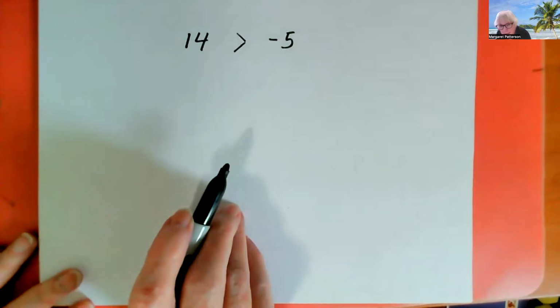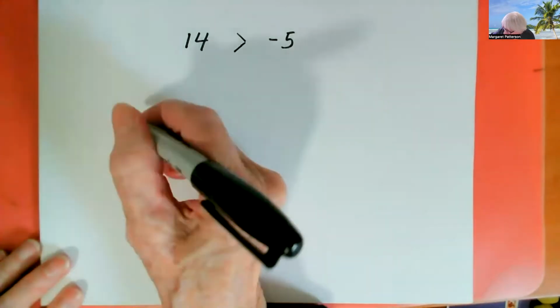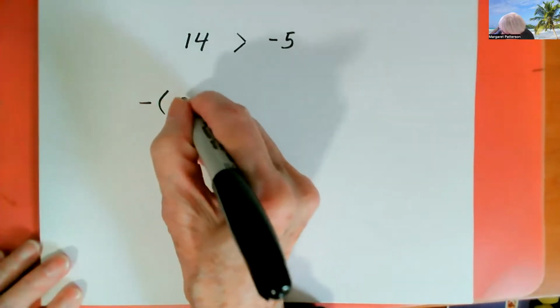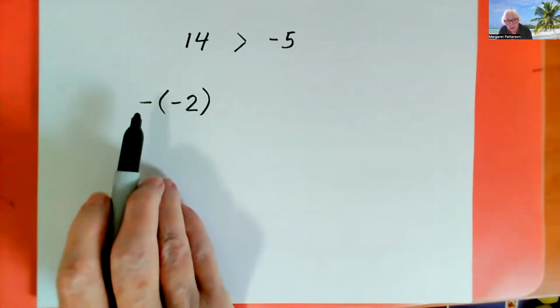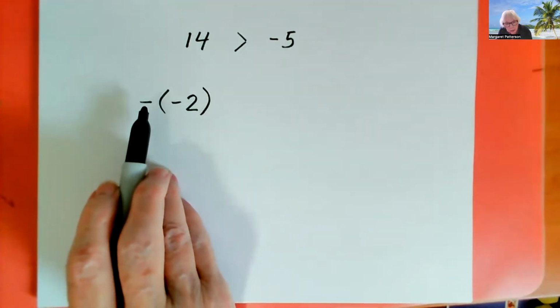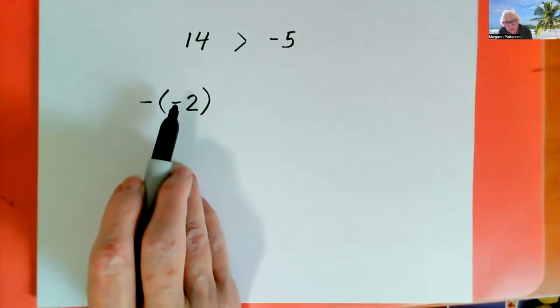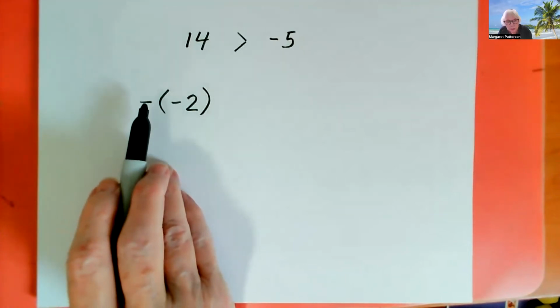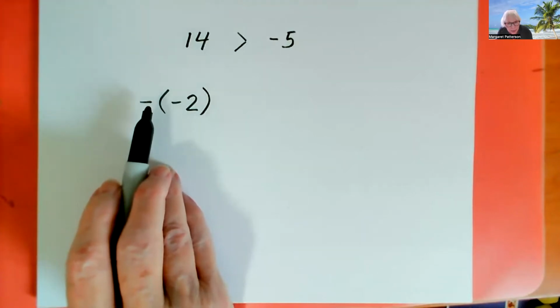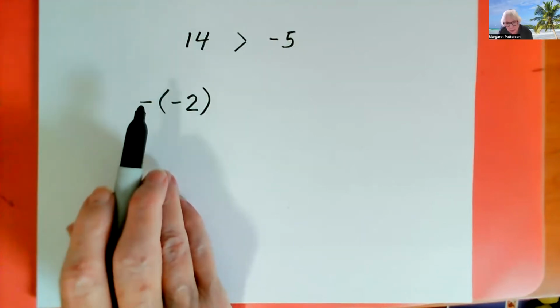Now, they ask a couple of interesting questions, and one of them looks like this. This sign here can be used to mean 3 different things. And so you might say negative, you might say minus, but in the end, there are 3 different ways this can be used.